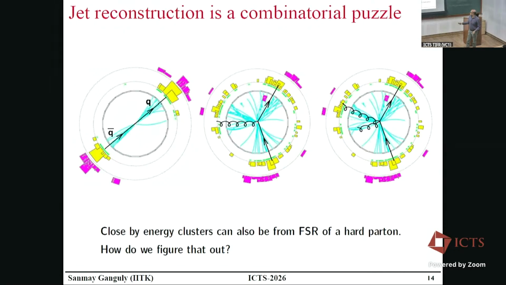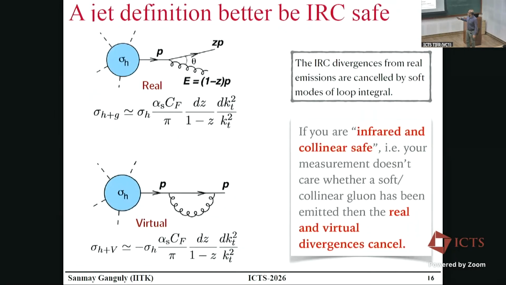At the same time, if there is a very small energy emission, then essentially nothing changes in the list of particles. Again, your jet definition should give you the same set of jets. But we know that our QCD matrix elements have a divergence for very low energetic emission as well as small angle emissions.